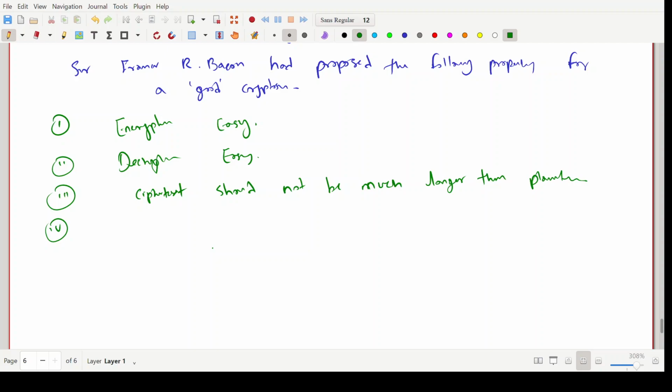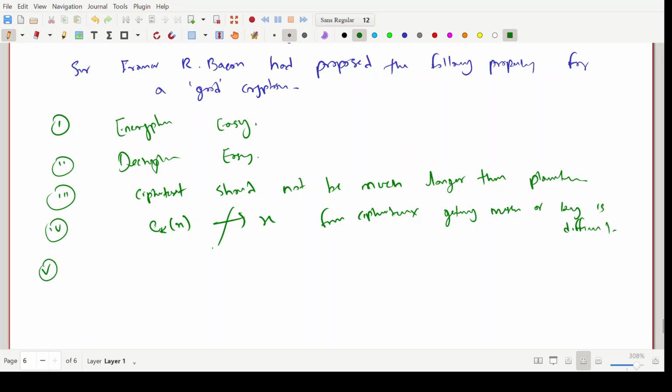That's what we had already talked about. If you are having ek of X, you should not be able to get the message X from the ciphertext. Getting message or key is difficult.